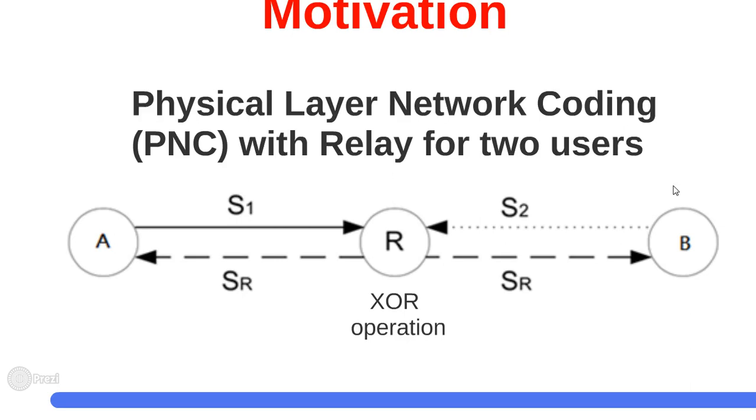After receiving data from both users at relay R, an XOR operation is carried out before the signal is broadcast. Finally, the 2 users are able to recover the intended signal by doing another XOR operation with the received broadcast signal and its own transmitted signal. This is how a PNC works for 2 users.